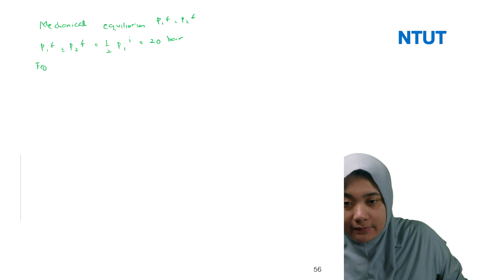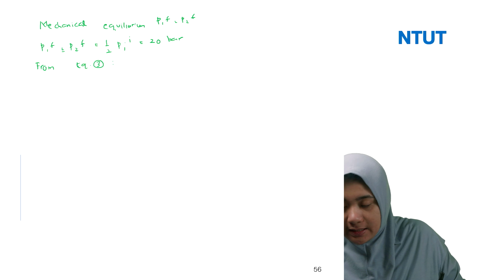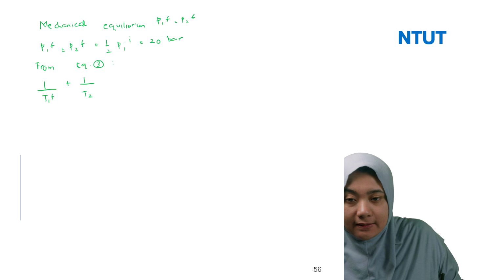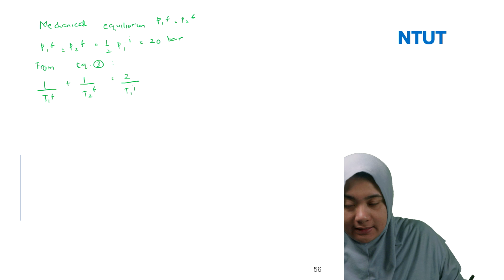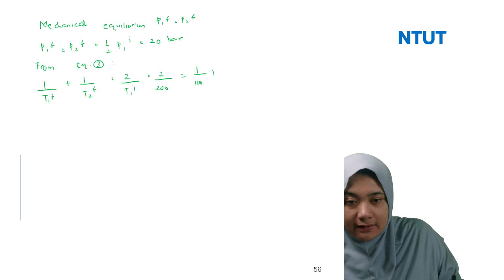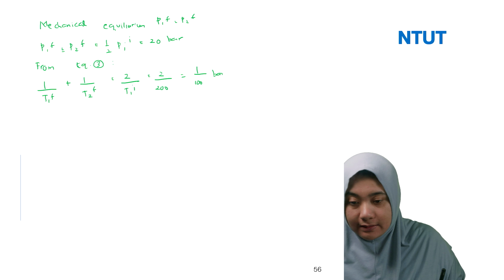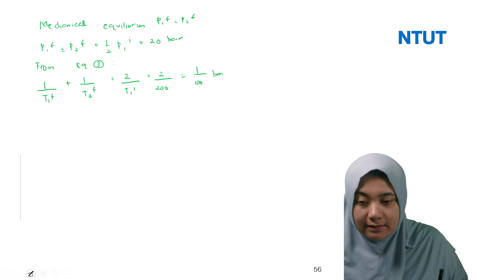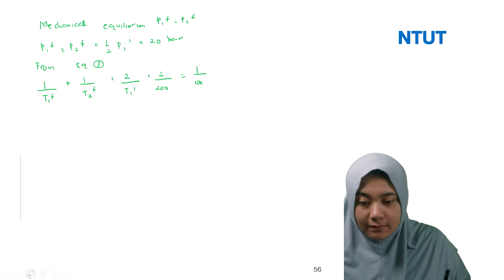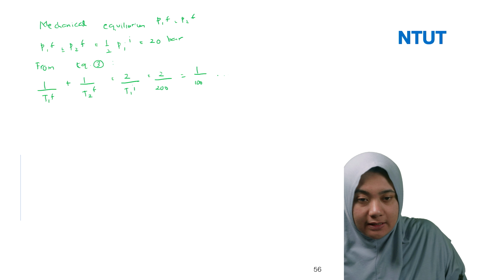So we get 1 divided by T1 final, because the pressure is the same, equal to 2 divided by T1 initial. So this becomes 2 divided by 200, and then 1 divided by 100. This is equation number 6, for temperature.